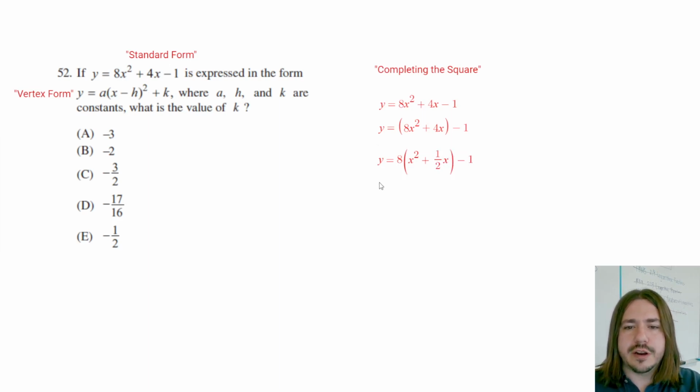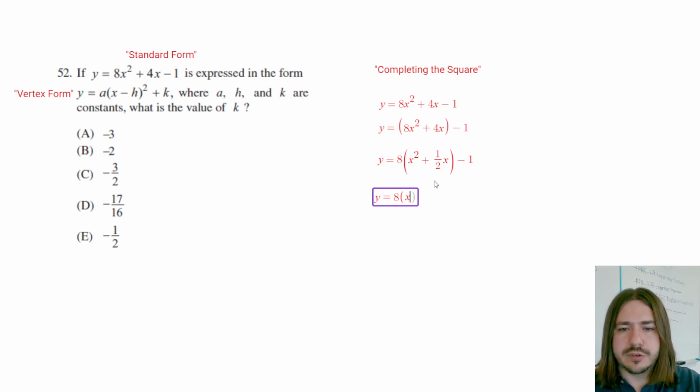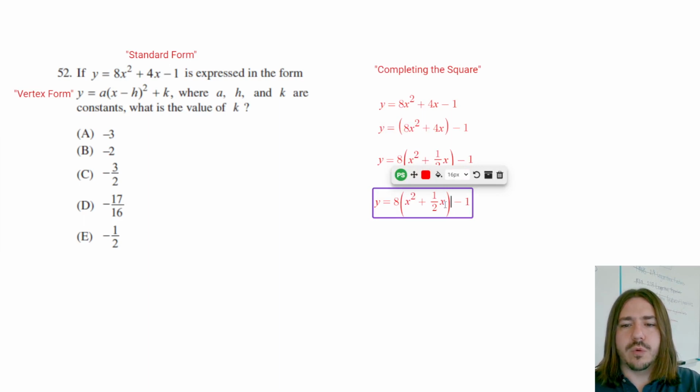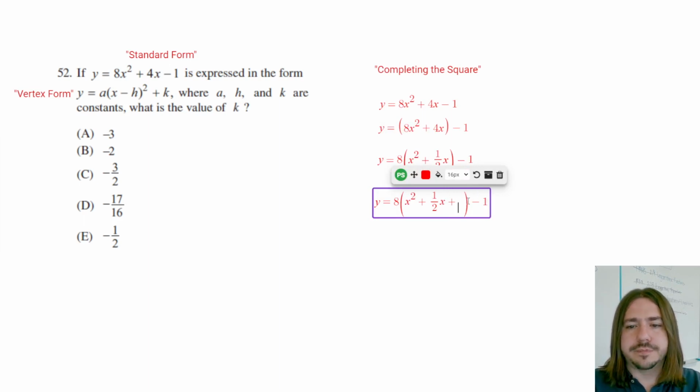I haven't really changed anything, but you can see I'm slowly starting to get it into this form. Now the trick here is knowing what to add inside those parentheses so that you force it into being a perfect square. So we copy the original thing. What do we want to add here?